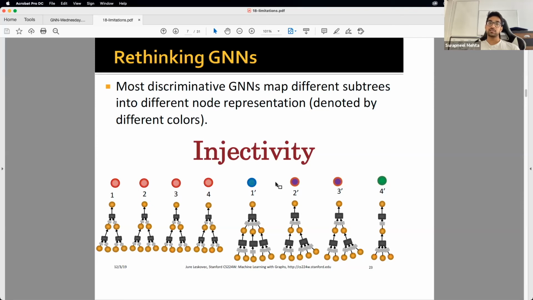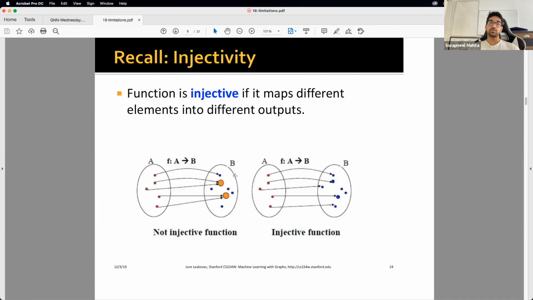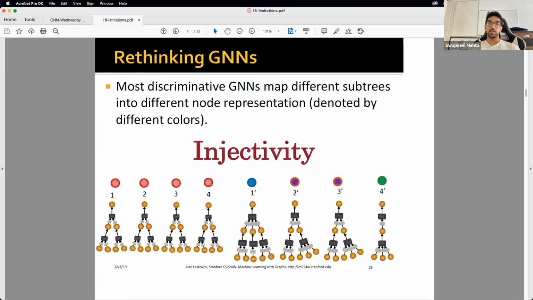What you're saying is, I want injectivity. And what was injectivity? It was saying, I want different elements to be mapped onto different output values. I do not want a many to one relationship in terms of this function, because if this is many to one, then this blue and green might actually be mapped to the same value by passing it through this function.